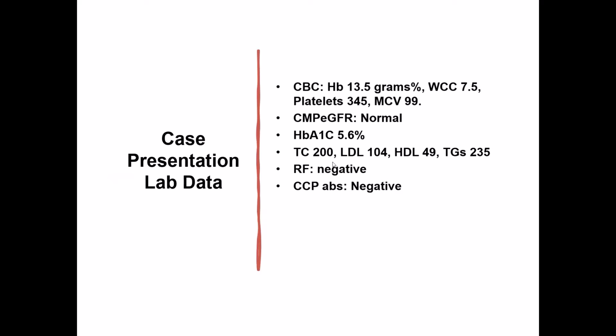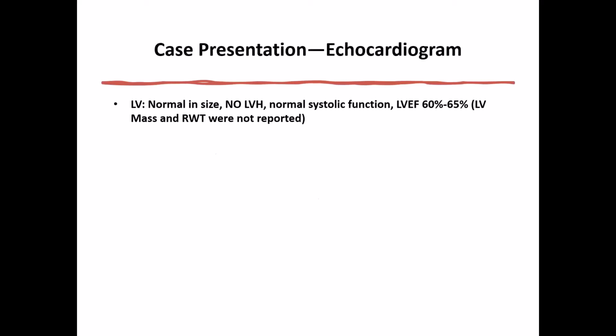Rheumatoid factor was negative, and then as PCPs, you know a lot more about CCP antibodies, which are more specific in patients with rheumatoid arthritis. That was also negative. Vitamin B12 is on the lower side of normal. UA was normal. And then she went on to have an echocardiogram.